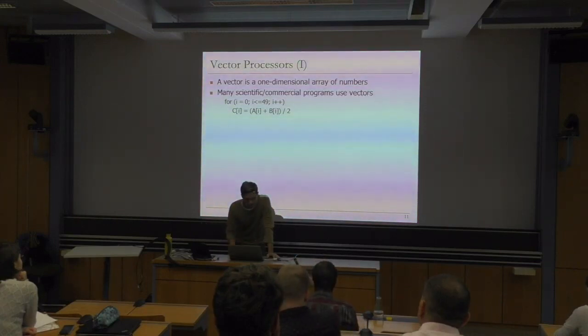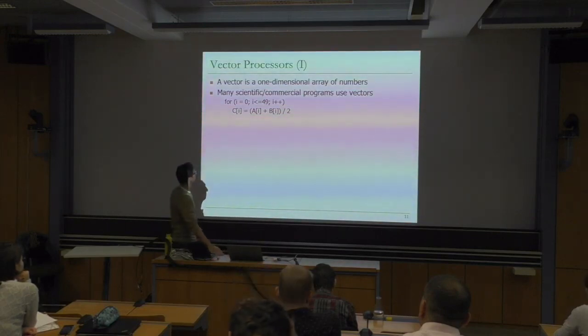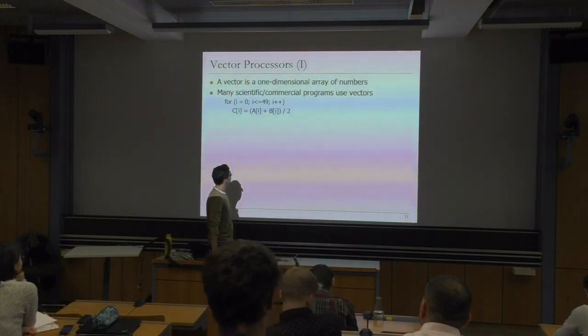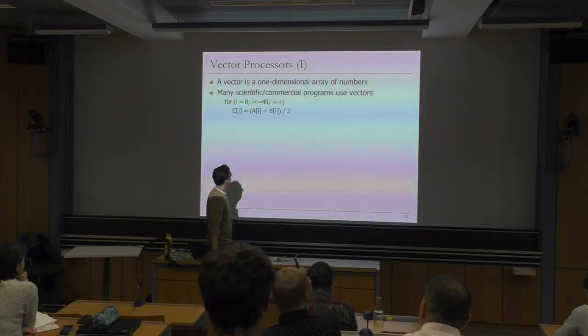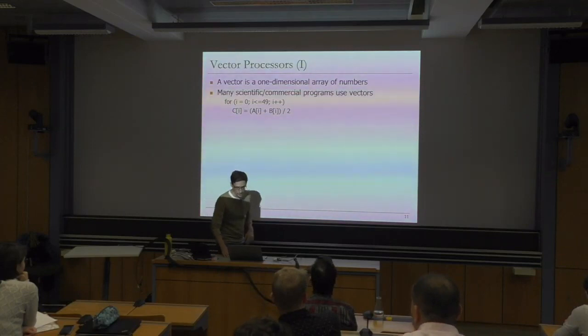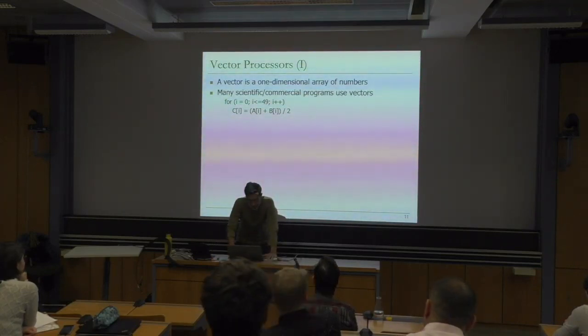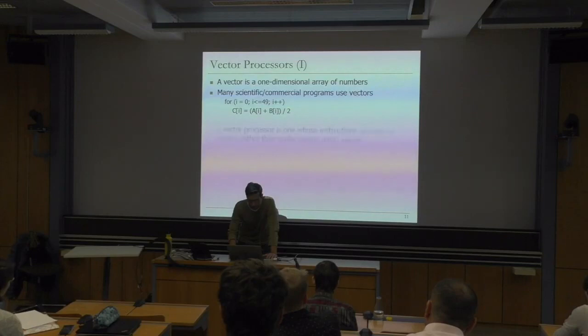This is something that you already know, and here we have our first example operating on 2 vectors, A and B, and we are calculating the element-wise average of these vectors and storing the result in array C. So this program is like the typical vectorizable program that we want to execute on a SIMD processor.